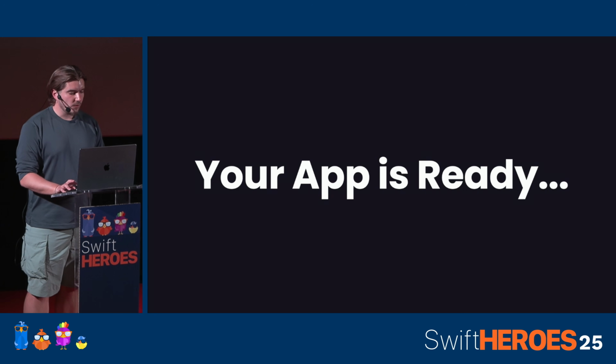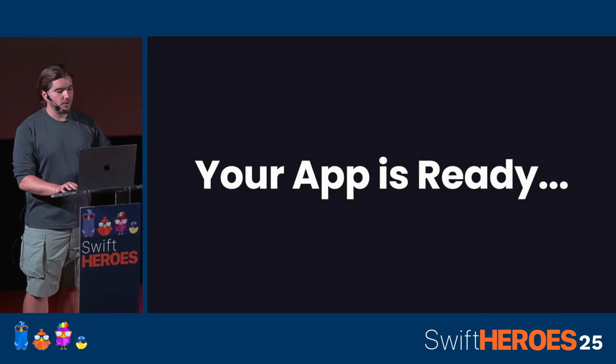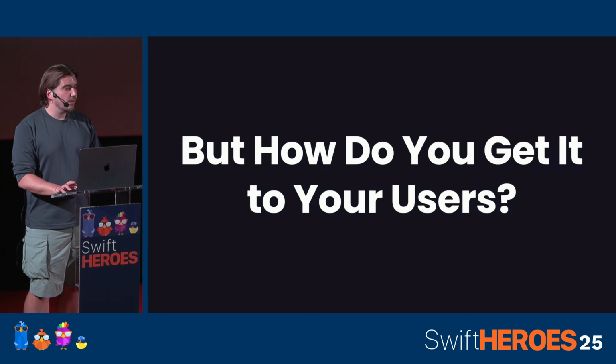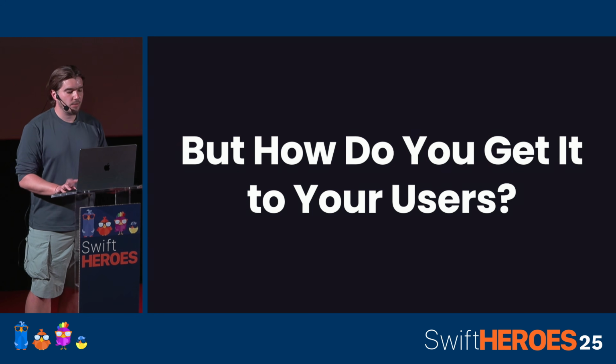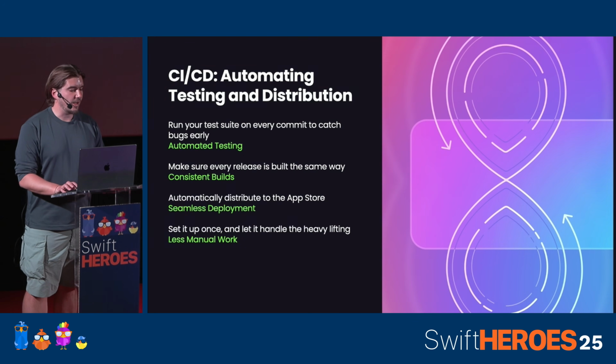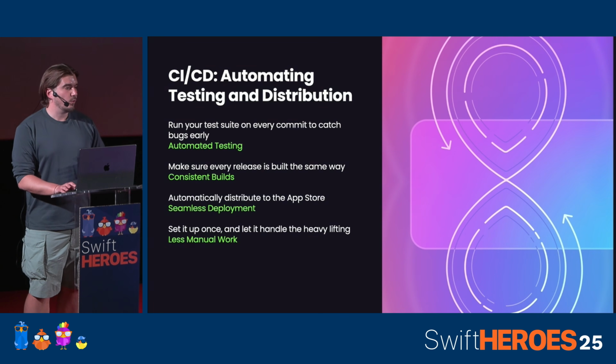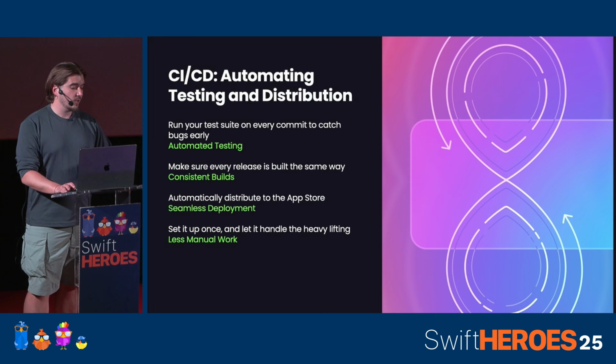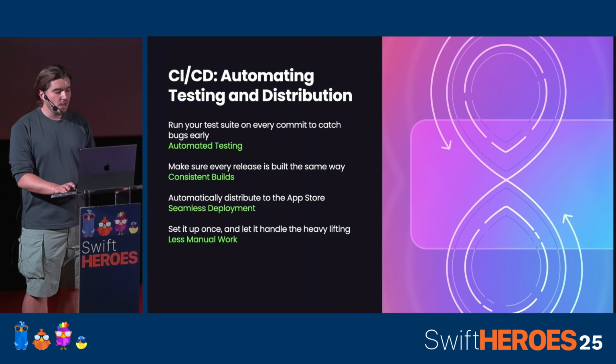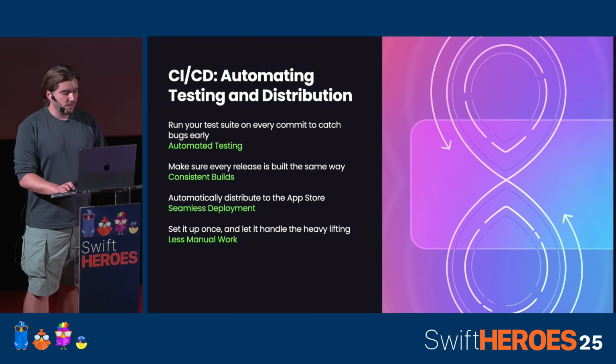Okay. So our app is ready. We are ready to earn some money. But how do we even distribute our app? This is where CI and CD come into play, because we don't want to do things manually. So instead of doing it manually, I mean building our app or running tests, CI does it for us.